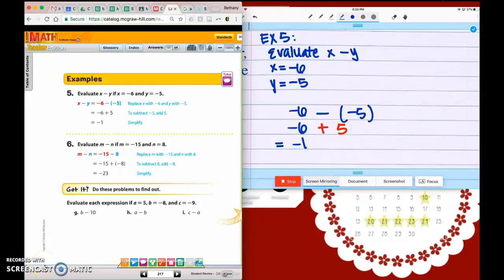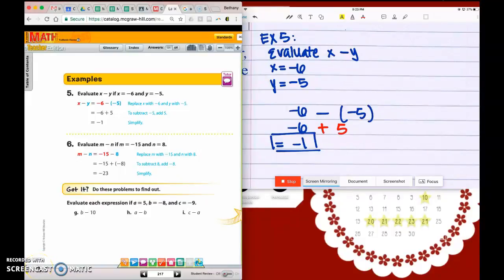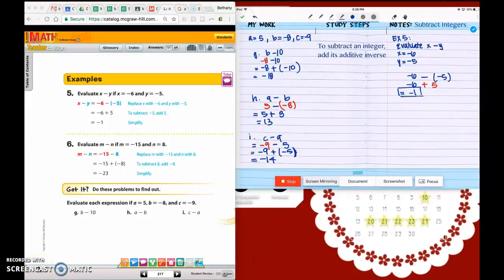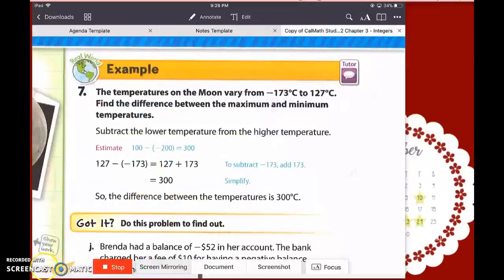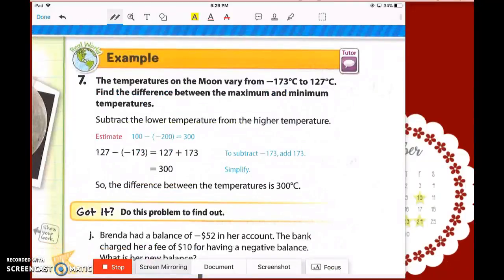Okay, so I'm going to stop there. You take a second, do G, H, and I, and then see if you can figure it out without me doing 2 examples. Okay, again, pause the video, check your answers, and then we're going to move on to the last one. Okay, last one I wanted to add from the book.